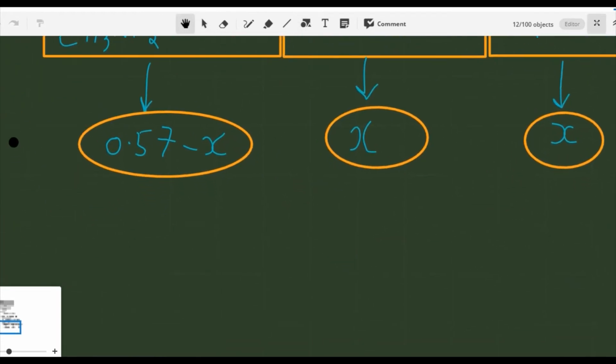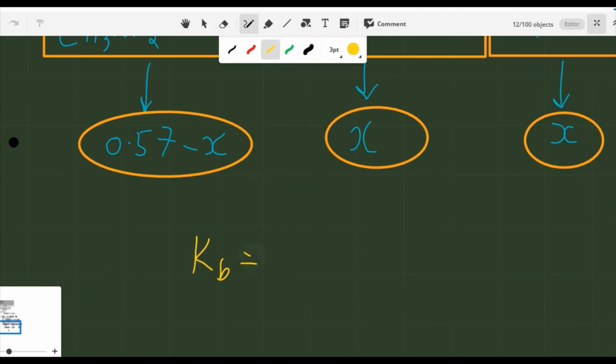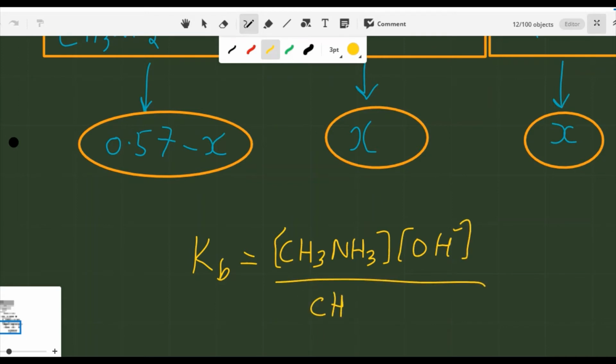Now the next. As you know, Kb is equal to the amount of the product over reactant. So here that will equal CH3NH3 times OH over CH3NH2.